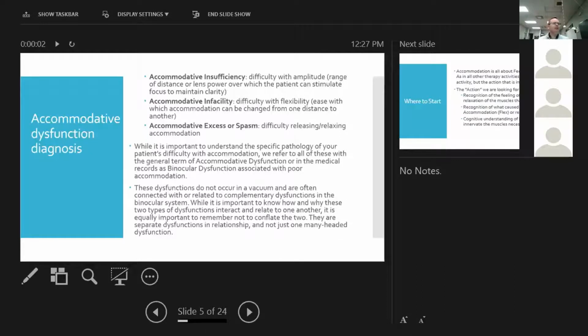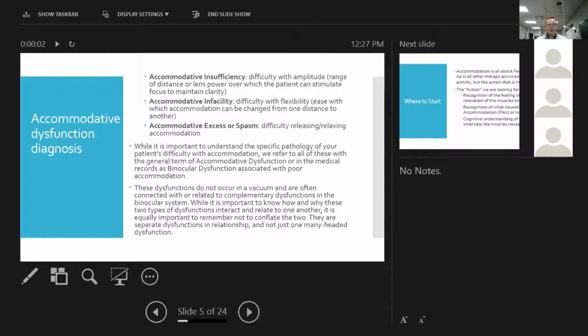So while it's important to know how and why these two types of dysfunctions interact and relate to one another, it's equally important to remember not to conflate the two, okay? There's separate dysfunctions in relationship and not just many-headed dysfunctions, okay? So what I mean by that is when you're doing an accommodative activity, but maybe you've got it set up in a binocular way, okay?